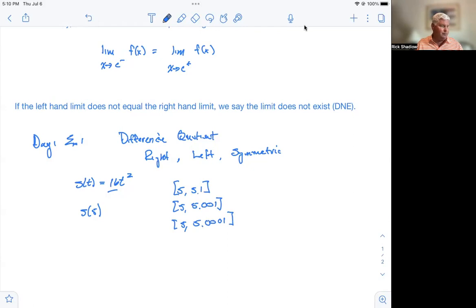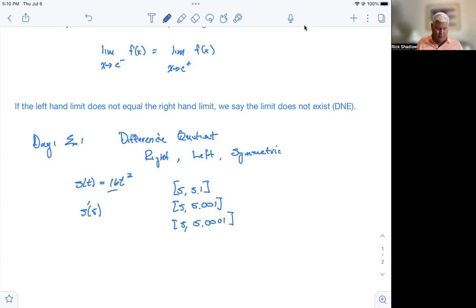We're going to look at the velocity here, not necessarily how far it's traveled, which is in essence going to be the derivative of s at 5. I'm going to do that with those approximations.